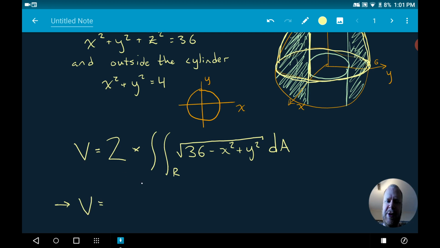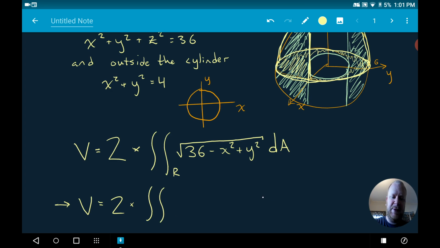So my region, I think I'm going to use polar coordinates, and I can think about what this shadow is going to look like, that is what gets cast on the xy plane.